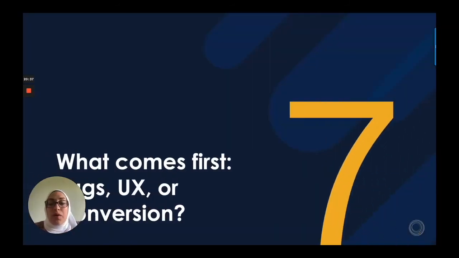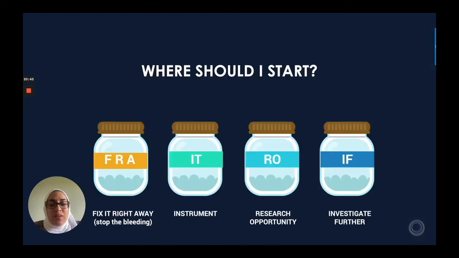The seventh one is, well, what comes first? There's always a question, like, we have so many different changes that we want to make. The reality is that when you're doing any type of research, during that scrutinize phase, if you remember the SHIP method that I showed you at the beginning of the presentation, the SHIP method also talks about the fact that we're doing the scrutinize phase, we're collecting a lot of data.